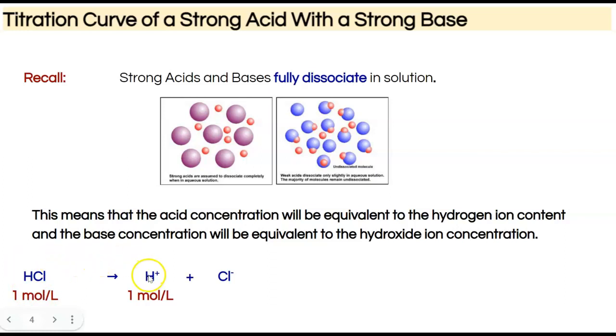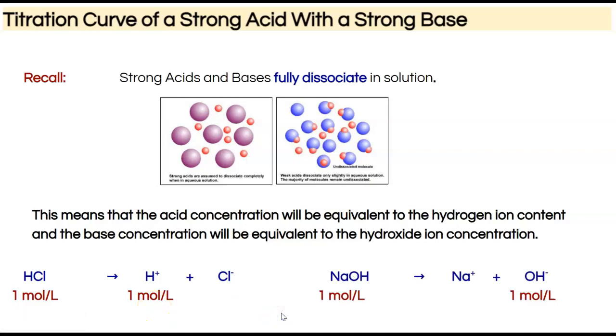It's going to dissociate 100%, so every single particle of HCl is going to dissociate and liberate hydrogen ions. If I start out with a concentration of 1 mole per liter of HCl solution, I can reasonably assume that the concentration of hydrogen ions in solution is also going to be 1 mole per liter.